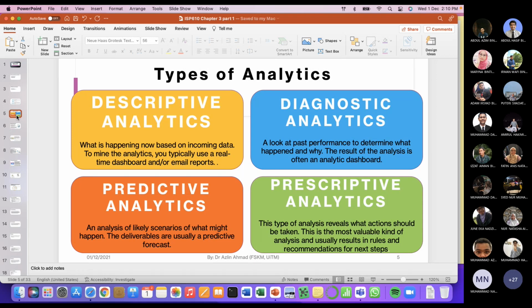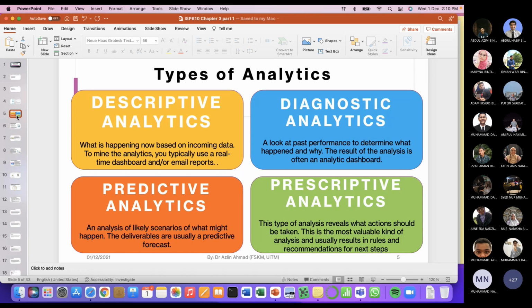The third one is predictive analytics, where we can use historical data or any data that we have, current or historical, to predict the future. What will happen in the future? Is it tomorrow, next week, next month, next year, or maybe another 5 years, macam tu.